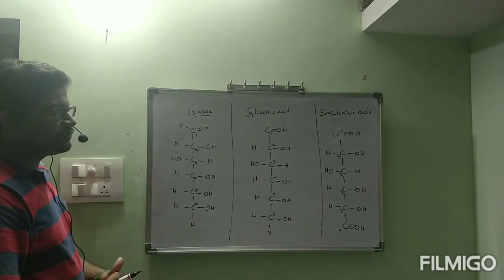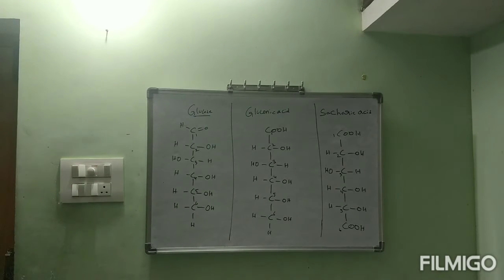That is the structure of saccharic acid. This is the structure of gluconic acid, the middle one, and the first one is the structure of glucose. Observe the structures and write in the classwork neatly, all of you. You are able to understand, I think.